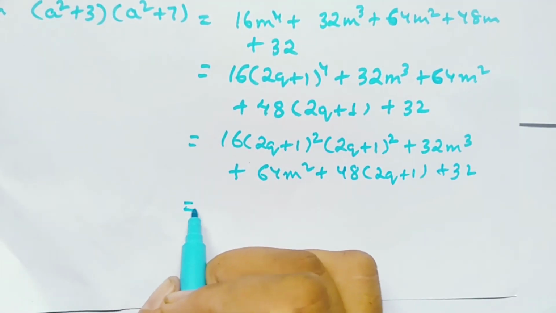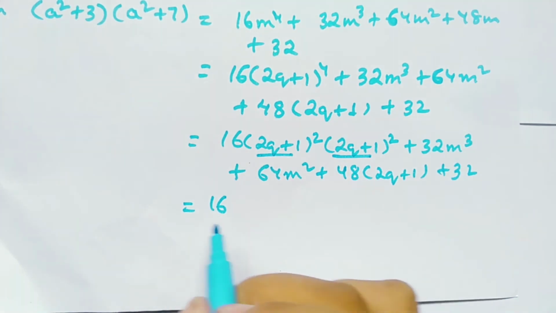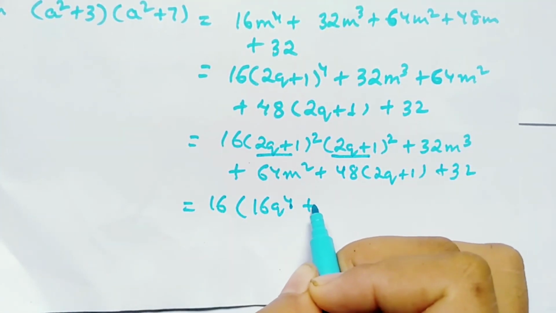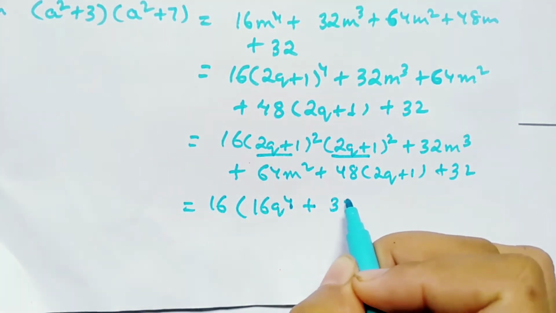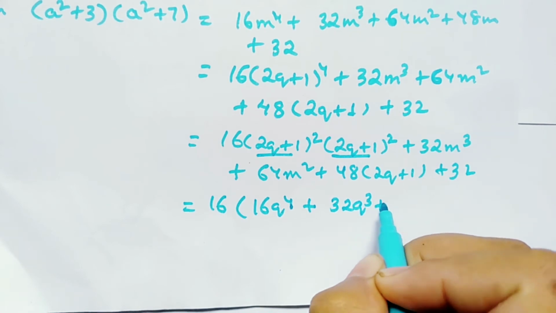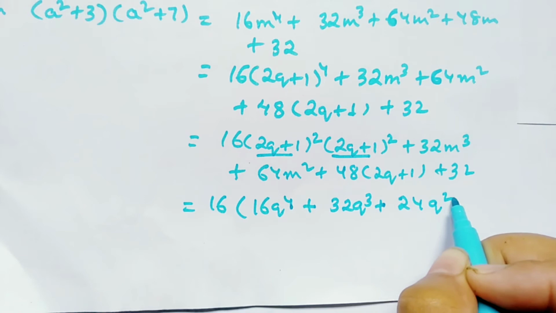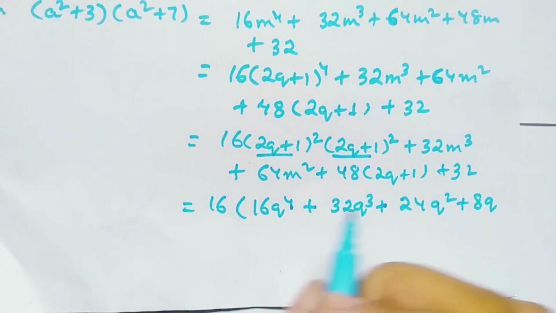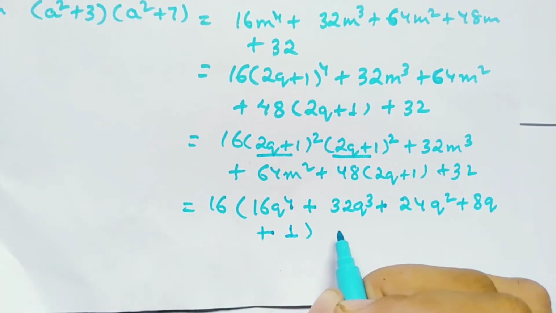Now see here, when you multiply these, you will get 16q⁴ + 32q³ + 24q² + 8q, and then the plus 1.